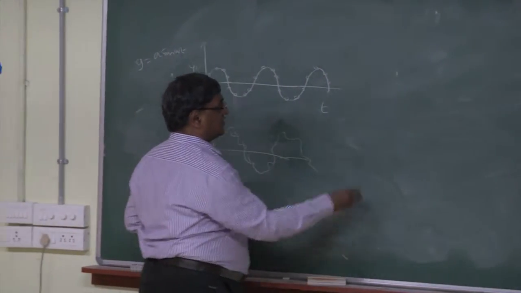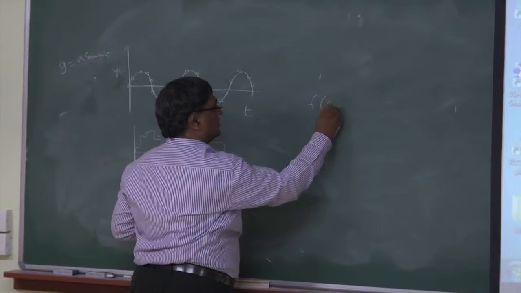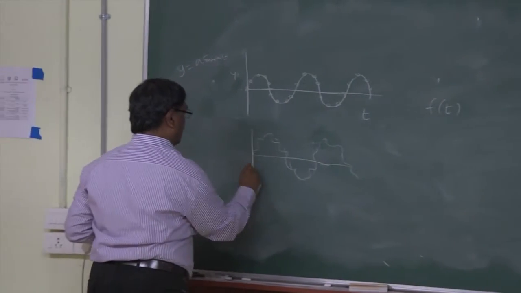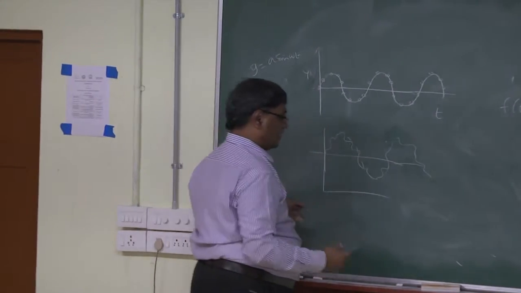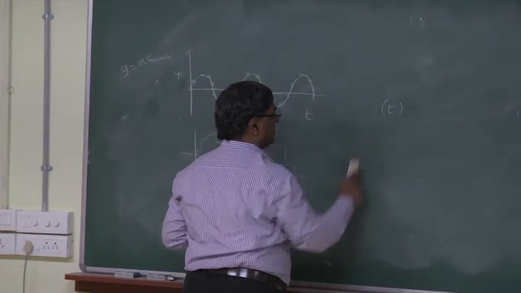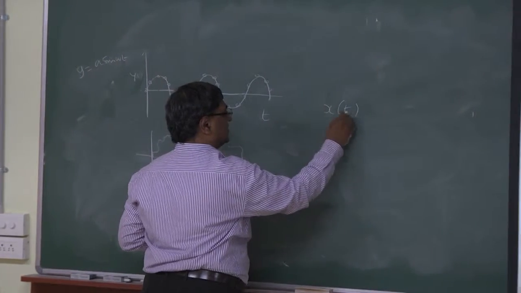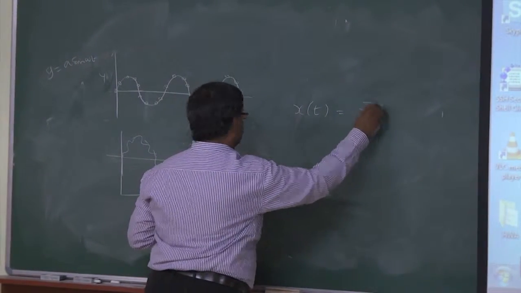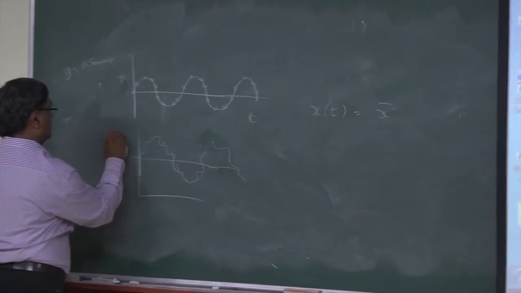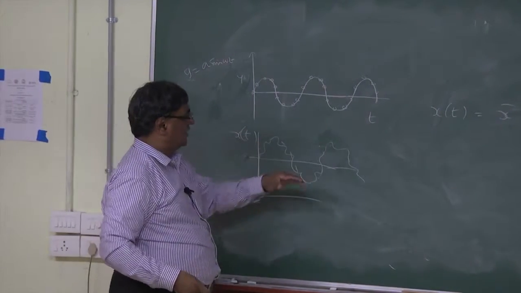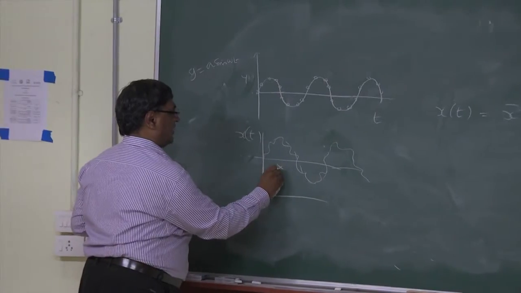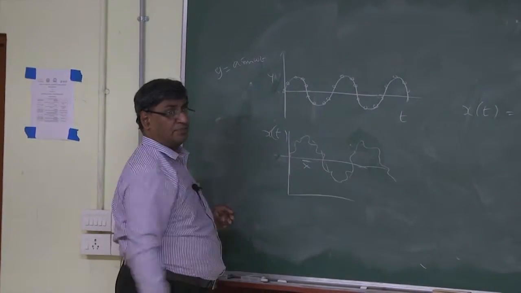So f of t, of course, if the average is not 0, there can even be a non-zero average. So you can have some function x of t expanded as x bar, which is the average, and an oscillatory part over it.